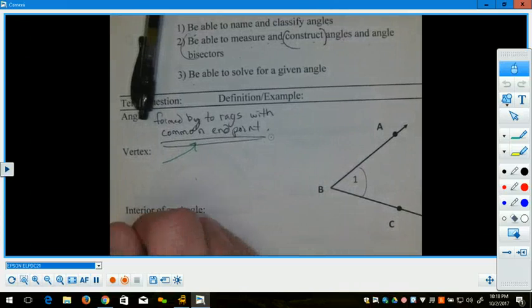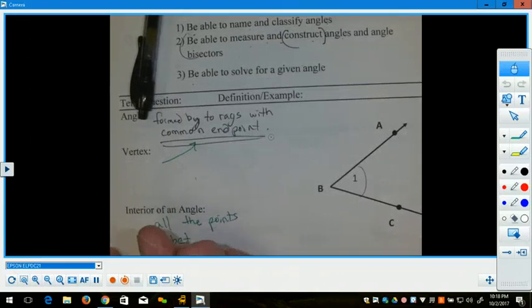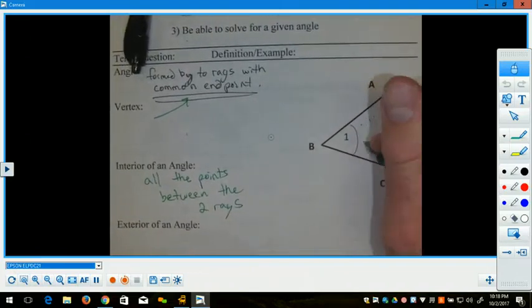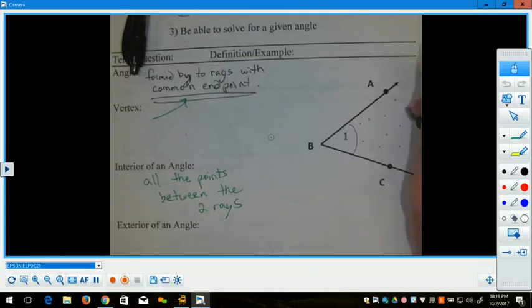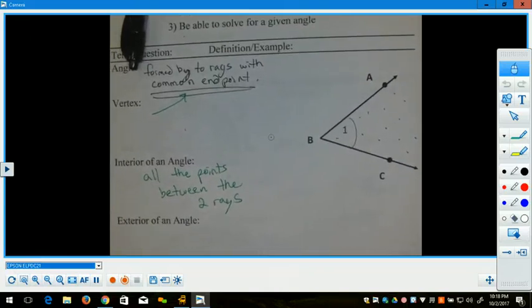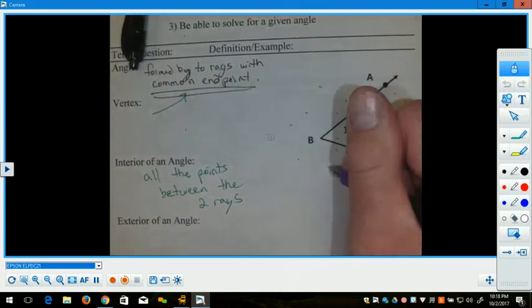The interior of an angle is all the points between the two rays. So every point over here that I'm putting in green is on the interior. An exterior of an angle would be all points outside of those two rays.